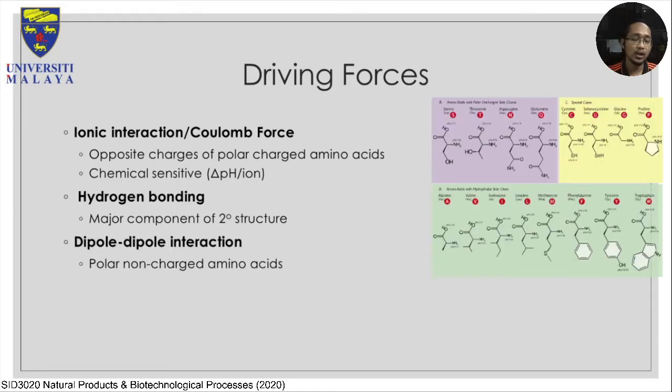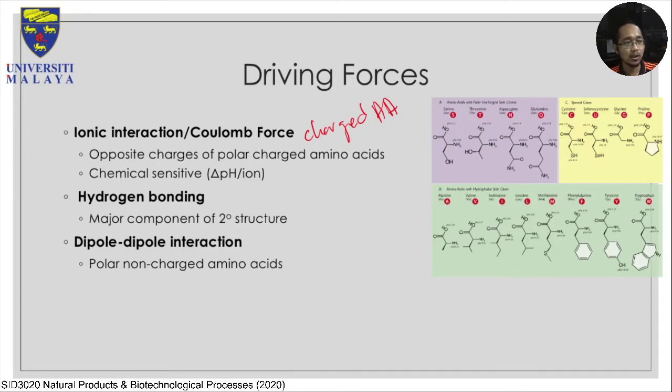We also have dipole-dipole interaction, whereby the polar uncharged amino acids interact. Previously, number 1 was more for charged amino acids, but number 3, polar-polar interaction, is more for the polar but uncharged amino acids. Hopefully you can see the structure of the amino acids on the right hand side. If you can't see it, by all means Google amino acid sequence, go to the image tab, and you will definitely get this table.